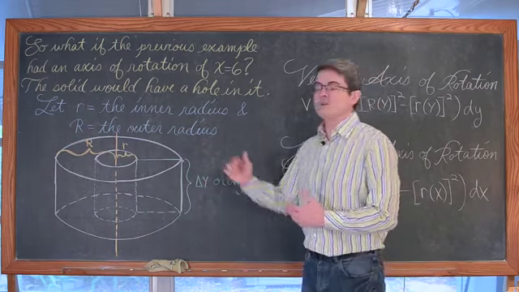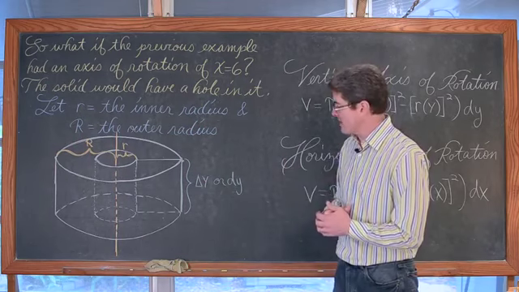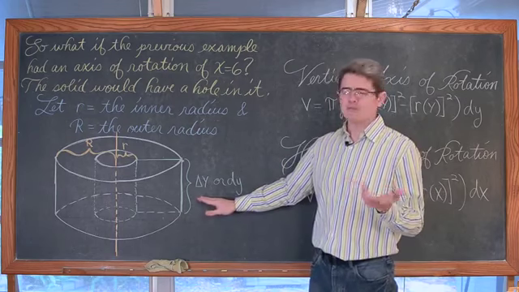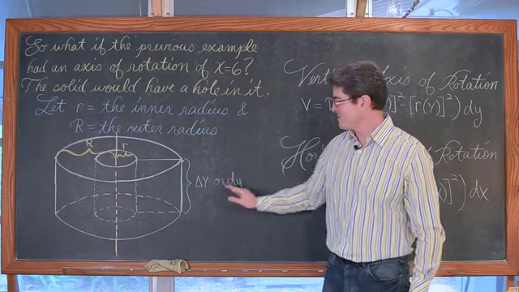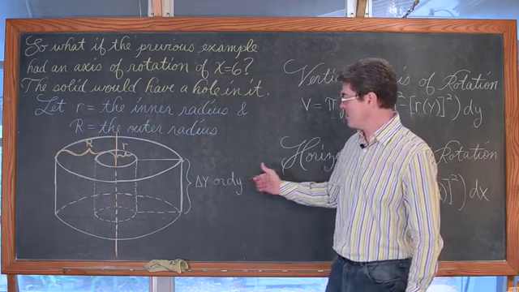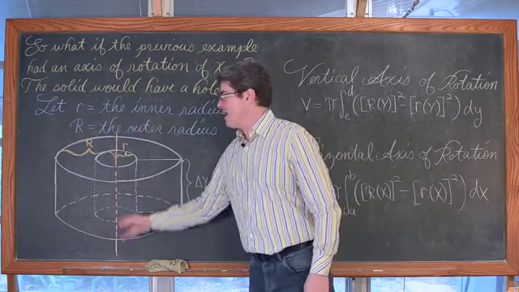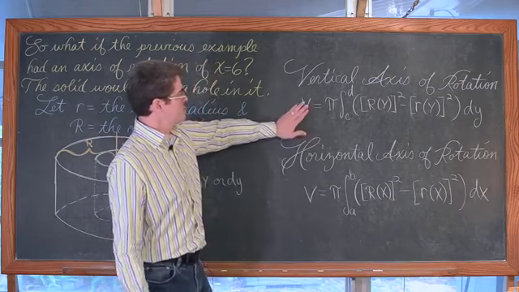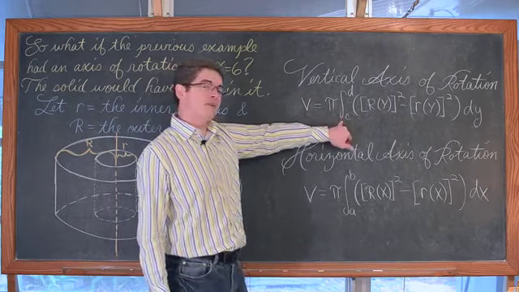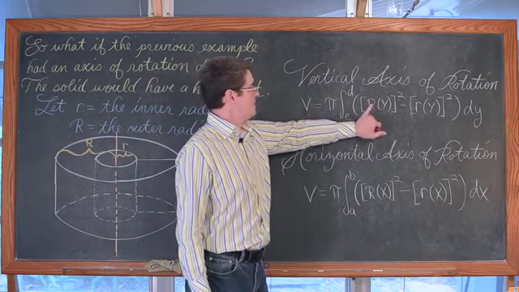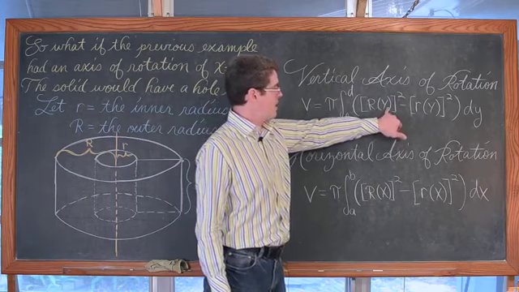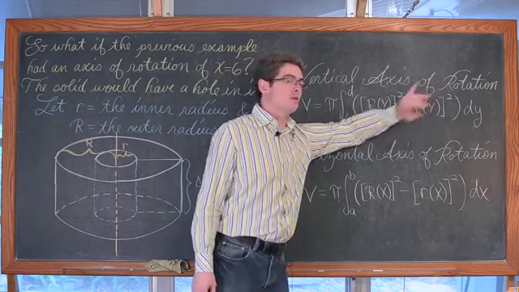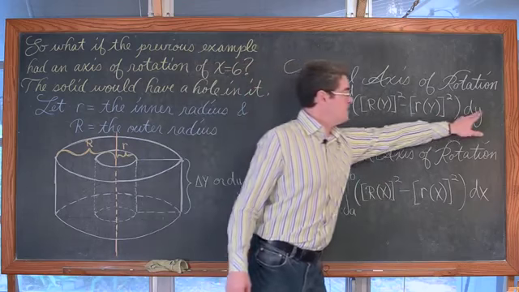It's not the solid that we're about to find in our next example. But we do have a dy because we have a vertical axis of rotation. So if we do have a vertical axis of rotation, the volume is going to be pi times the definite integral from c to d of R of y squared minus lowercase r of y squared dy.